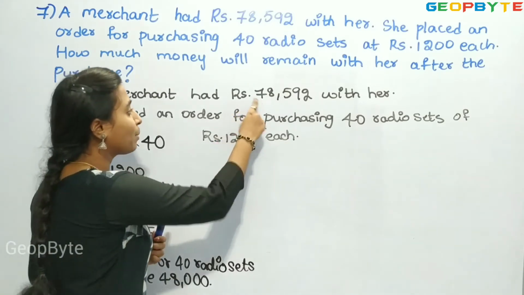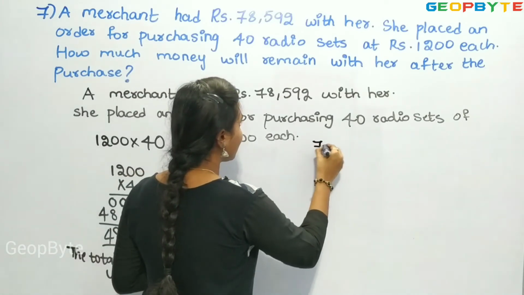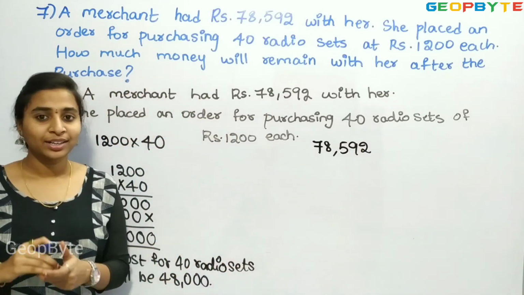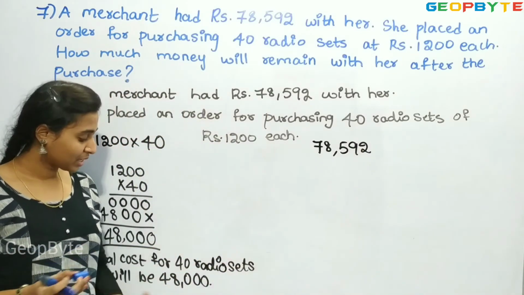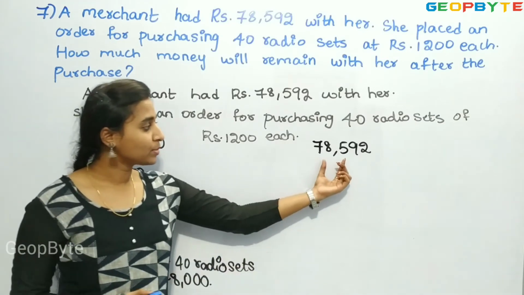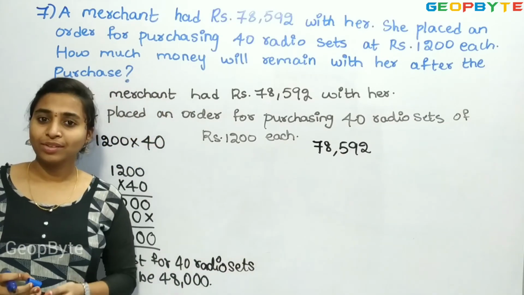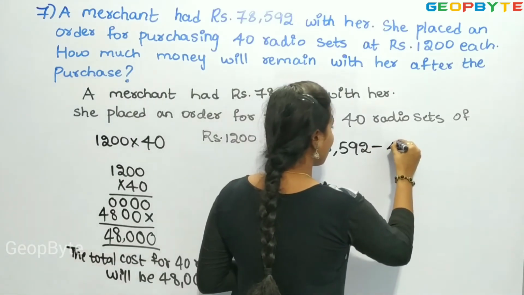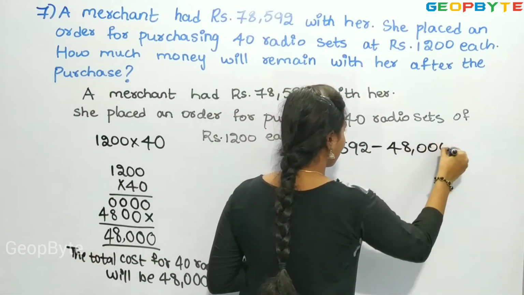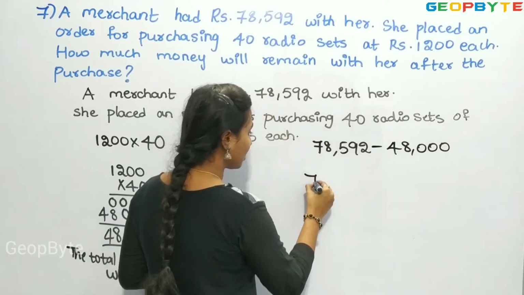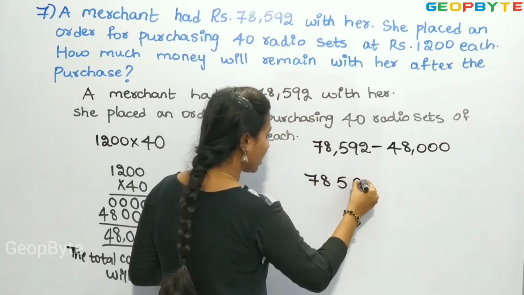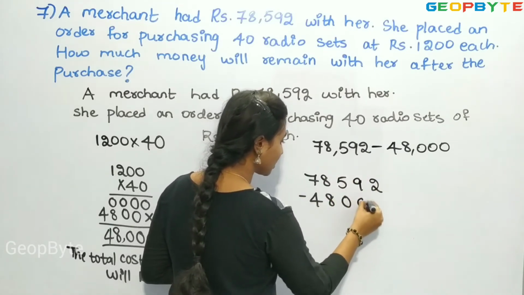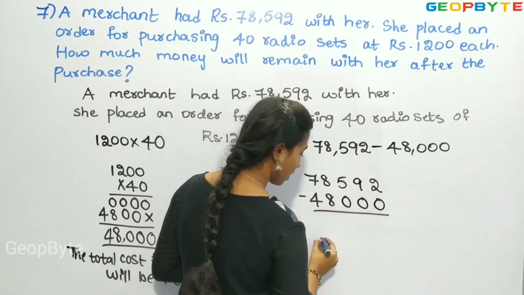So, her total amount is 78,592. If we subtract the amount of 40 radio sets, that is 48,000, from 78,592, we will get how much money is left over with her. So, minus 48,000. Now, let us subtract 78,592 minus 48,000.